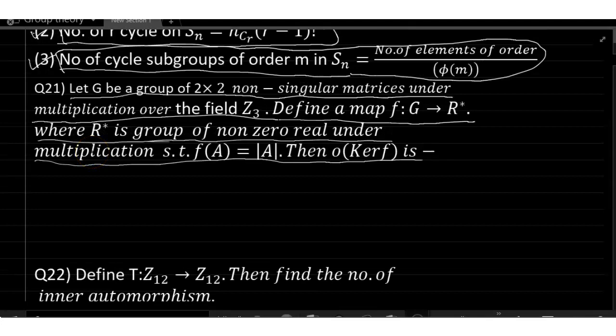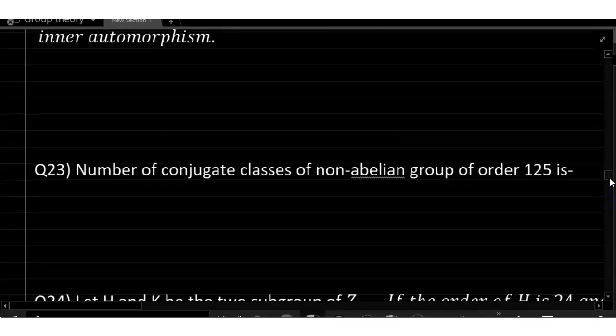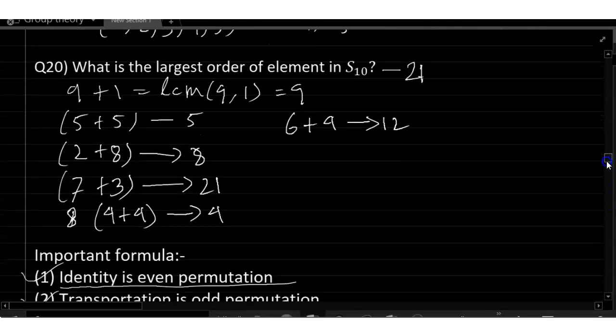So let G be... friends, I made a mistake here. What is my mistake? My mistake is that the largest order of an element is not 21. There is another way: 2, 3 plus 5.